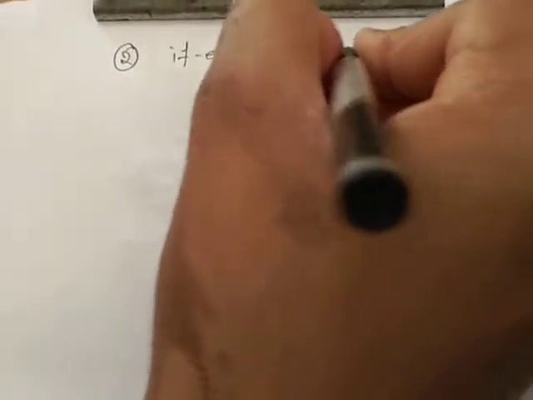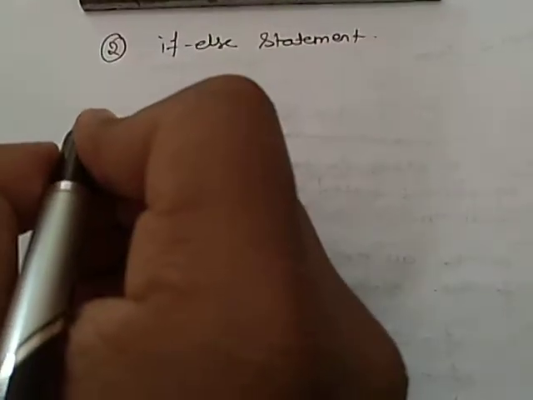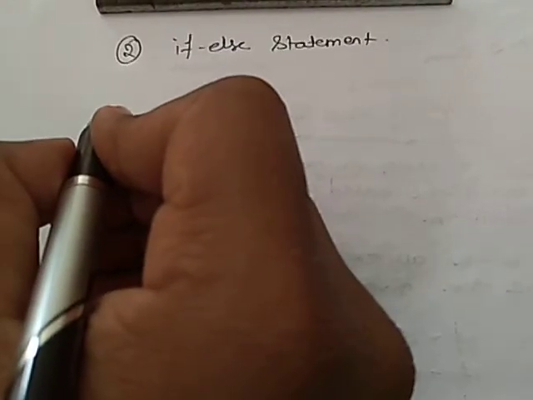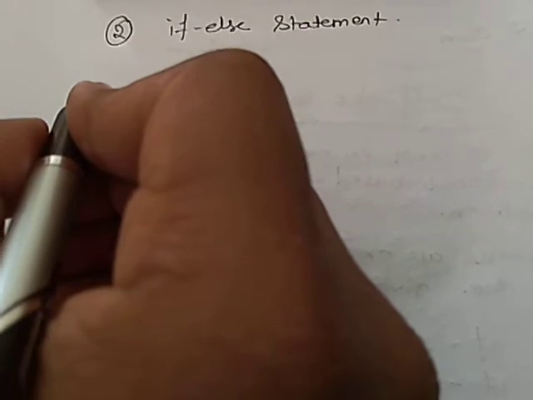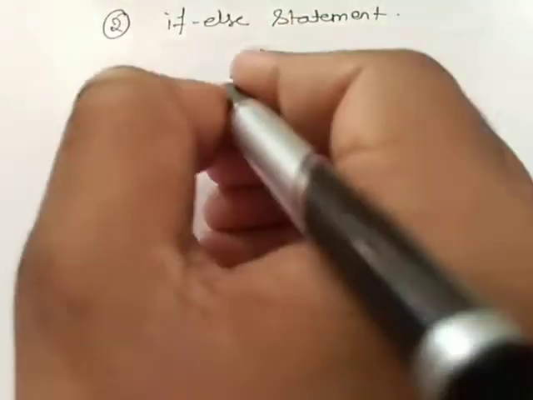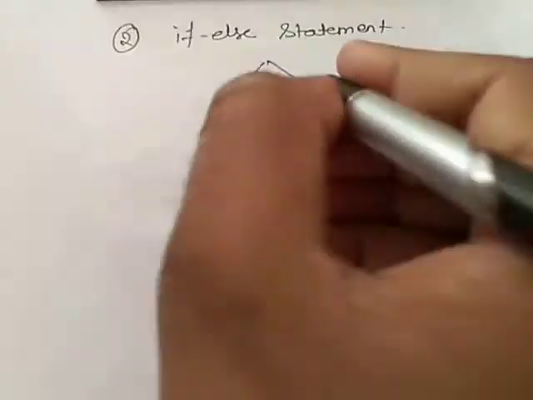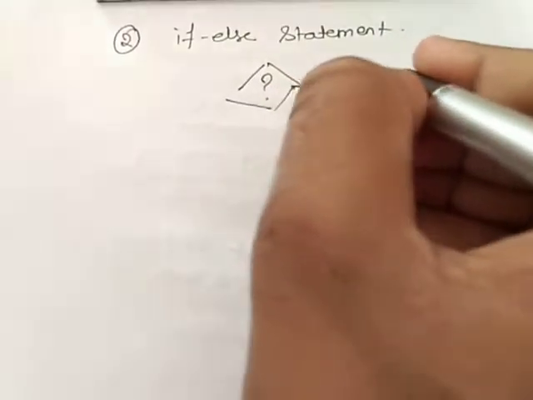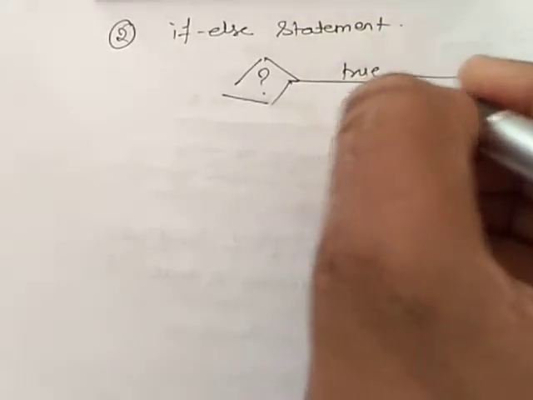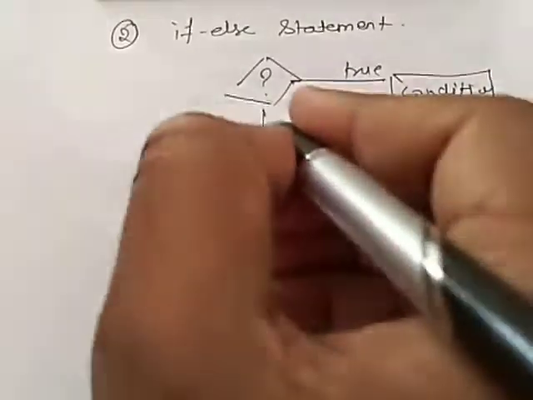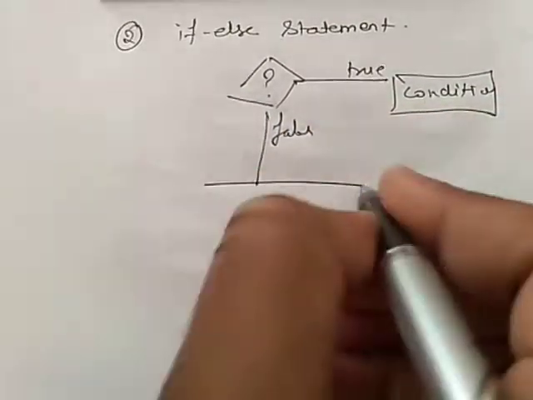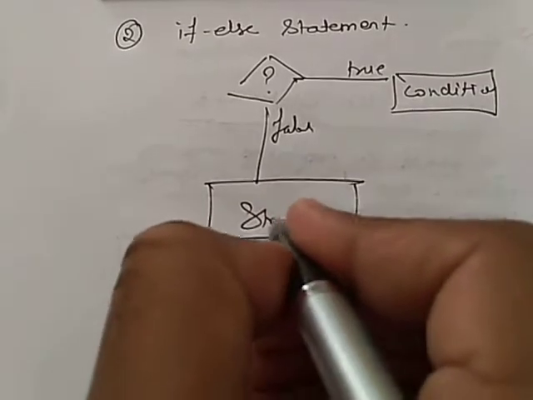Now the if else statement. In this, with a single statement we can perform two operations. For example, if the condition is true, you can choose statement 1, and if it is false, we can go for another statement.